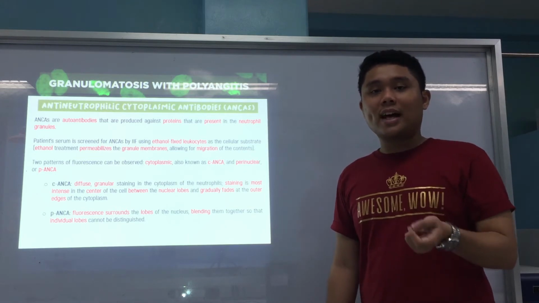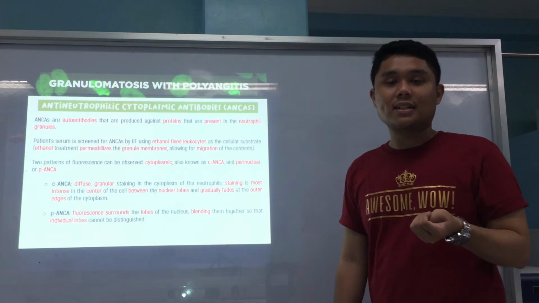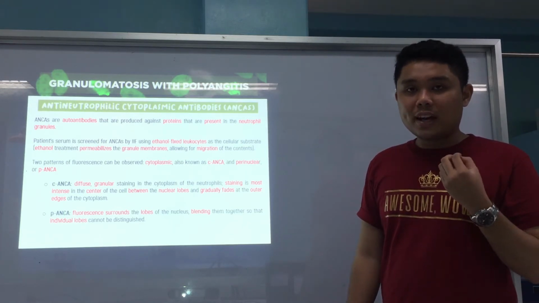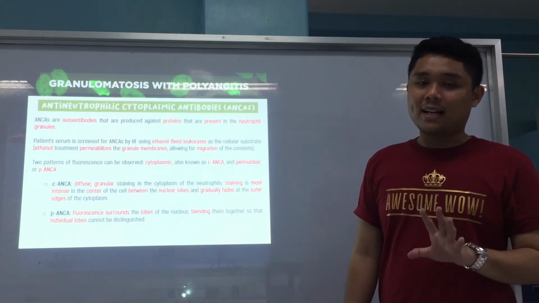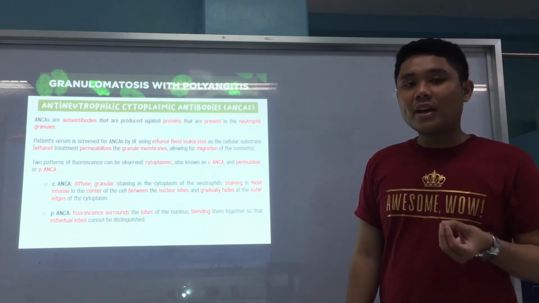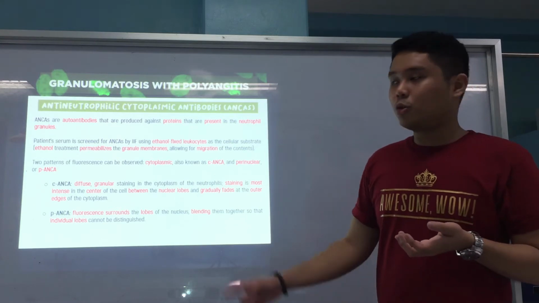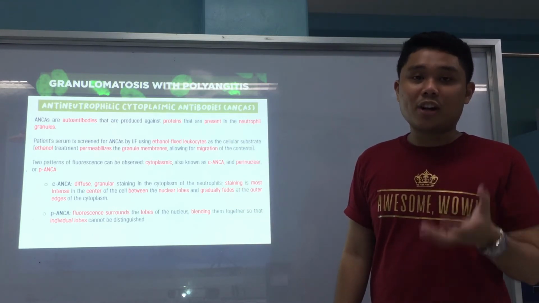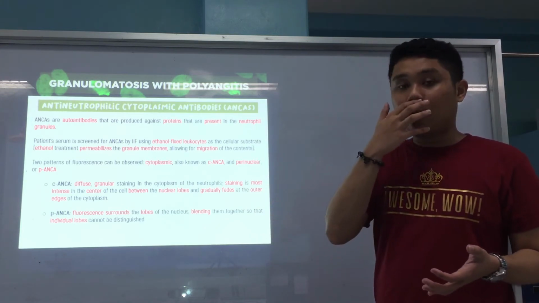But always take note that we use human ethanol-fixed leukocytes here, and we're talking about neutrophilic granules. If the staining is really homogeneous, other cells like lymphocytes could also be stained. But for this test, we're only talking about neutrophils. So to know that it's really P-ANCA, only the neutrophils are stained. Your lymphocytes and other leukocytes will not be stained.